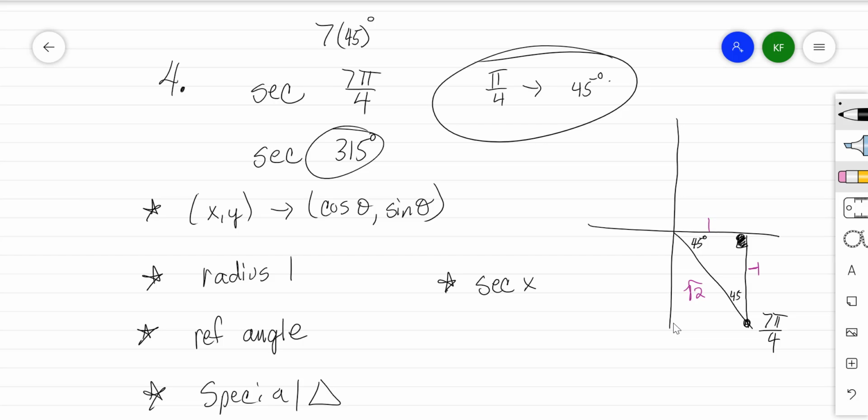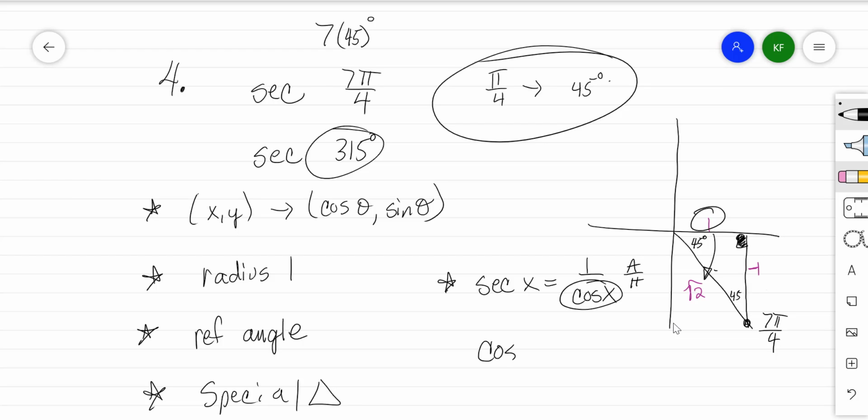Secant of x is the same thing as 1 over cosine of x. Okay, so you're really going to tell me what cosine of x is. So this would be opposite over hypotenuse. No, just kidding, guys. Adjacent over hypotenuse. So what do we got here?